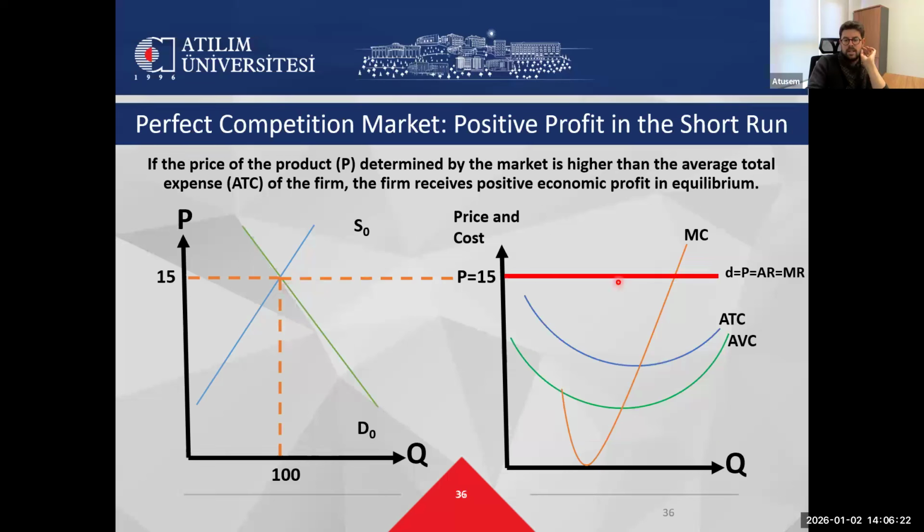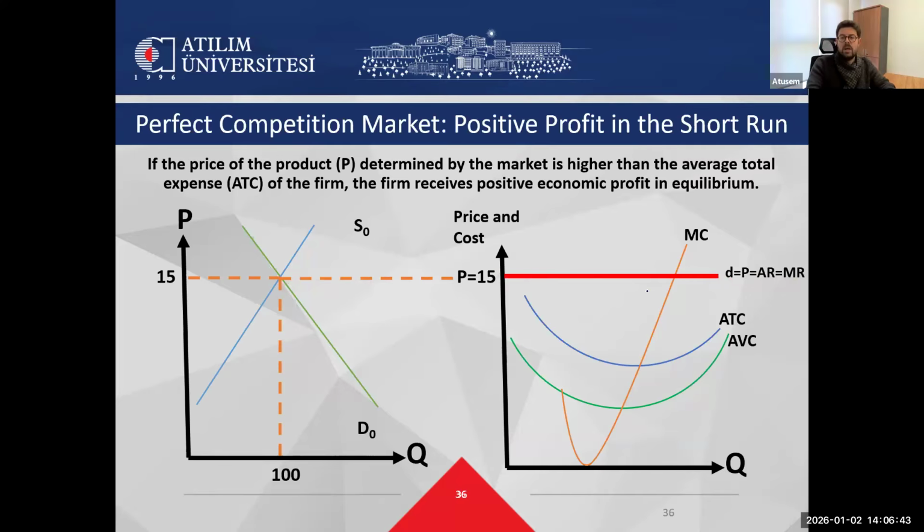This is the demand line. How do these kinds of questions come? I wrote on the board in the lecture, but few of you took it, I think. But no problem.